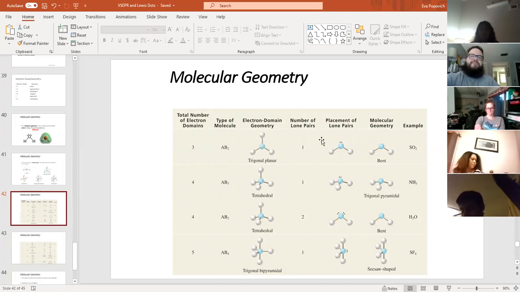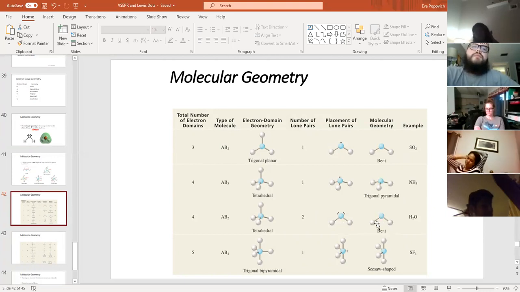If I have a trigonal planar, one lone pair, bent. 4 things. If I have a tetrahedron, if all 4 of these sites are occupied by atoms, my molecular geometry is also tetrahedron. 1 lone pair, I get a trigonal pyramid. 2 lone pairs, I have a bent molecule.